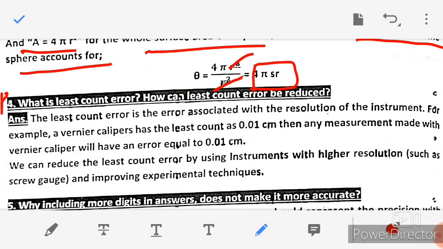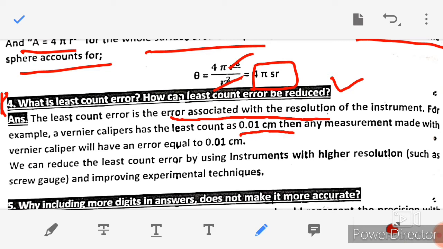Question number 4 is not included in the reduced syllabus 2021. What is the least count error? How can least count error be reduced? The least count error is an error associated with the resolution of an instrument. For example, a vernier caliper has a least count of 0.01 centimeter.